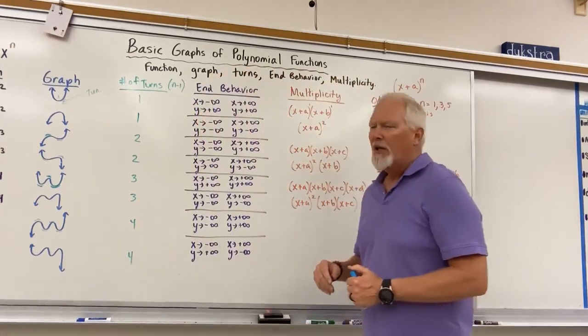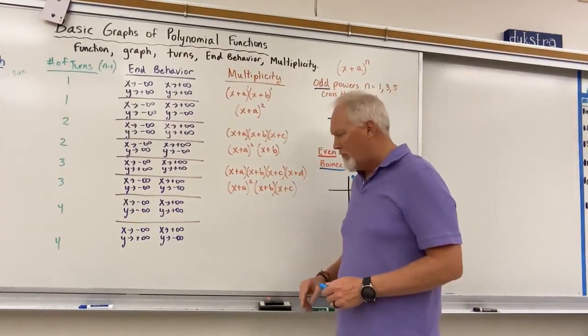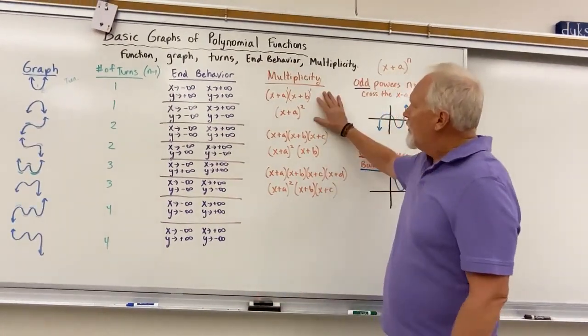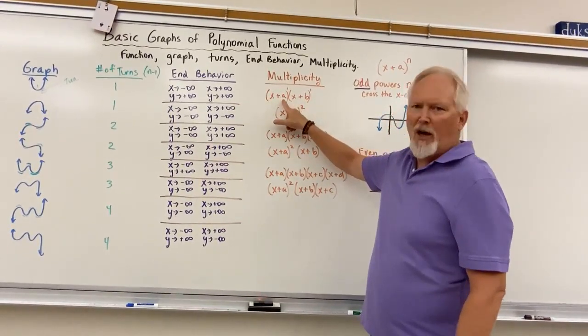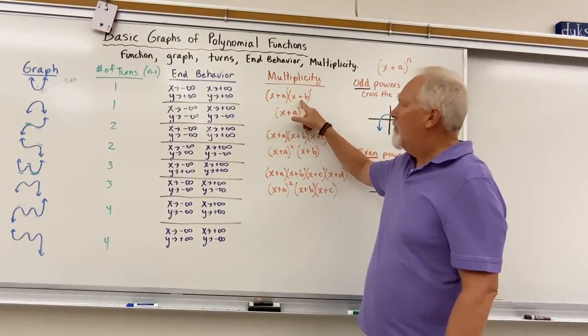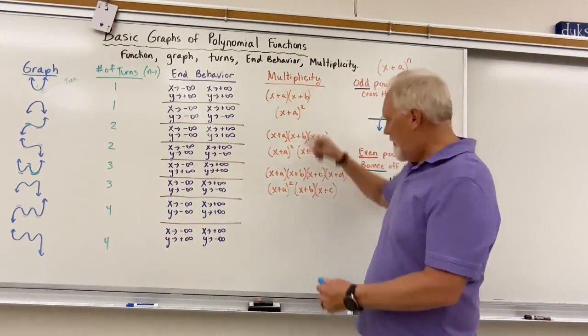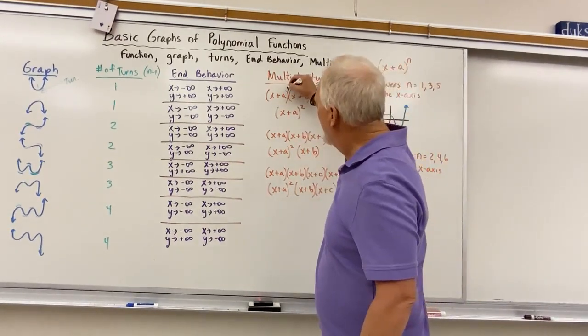All right, now let's look at what these multiplicity values actually are and what they mean. Okay, so multiplicity in a quadratic will have an x plus a or x minus a times x plus or minus b. And if there's nothing there, if there's no value there, then we assume they're ones.